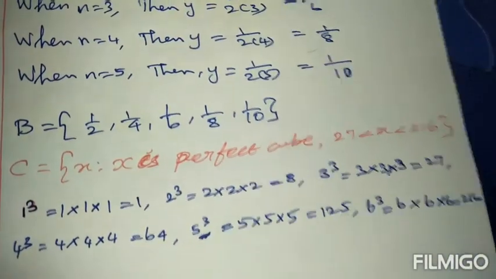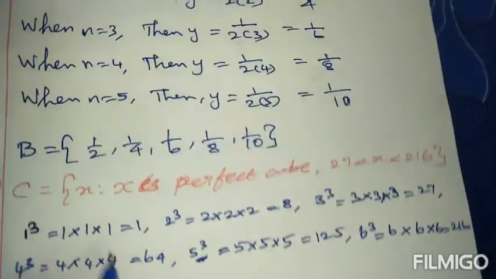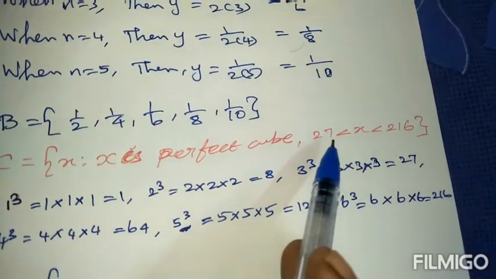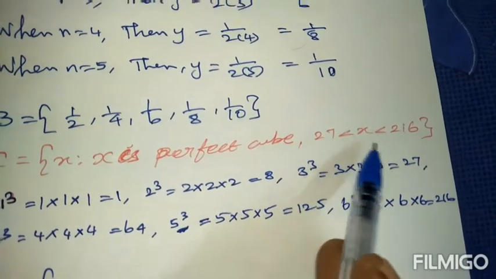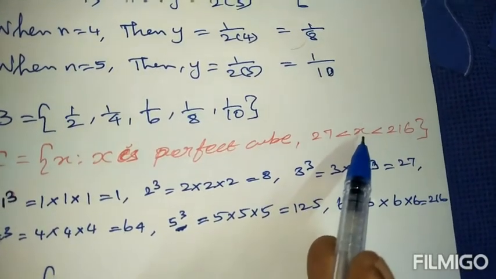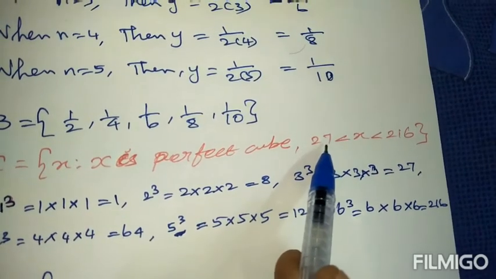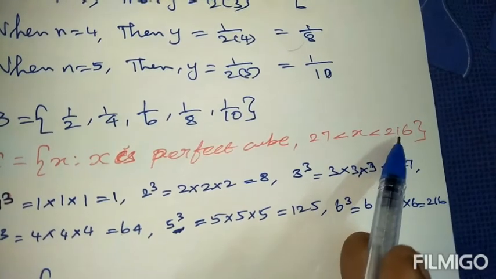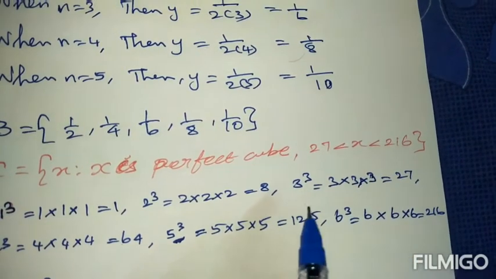Now the given condition is x such that x is a perfect cube where 27 less than x and less than 216, that is x value must be in between, x is greater than 27 and x is less than 216, and the number must be a cube number.